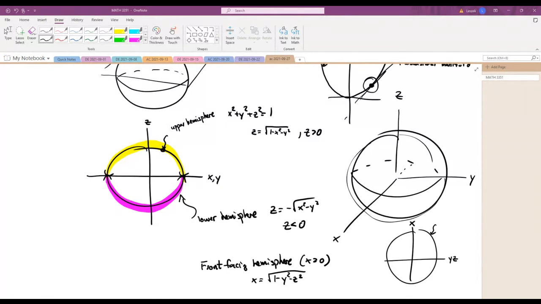So the graph of this equation, or this function, gives you that front-facing patch, covers it. The idea is you have to cover everything with a patch. There could be no deletions, or you can't leave out the equator. They can overlap. And so you need, actually, how many patches would you need?